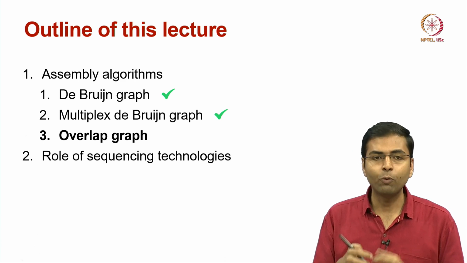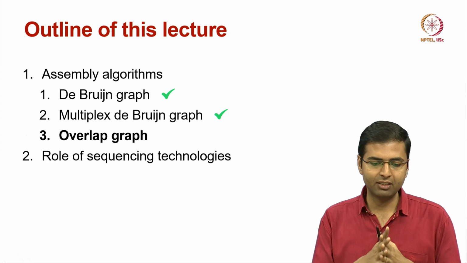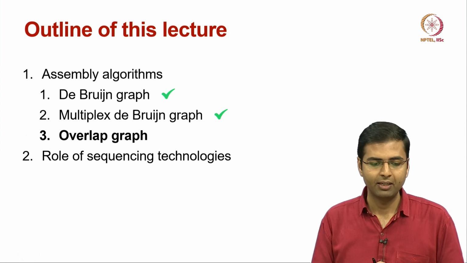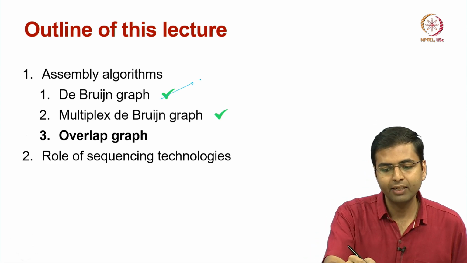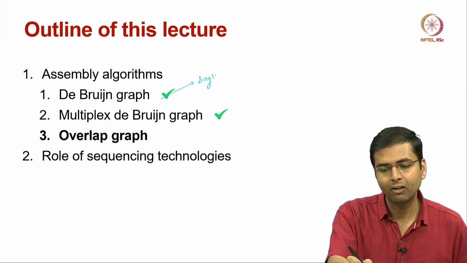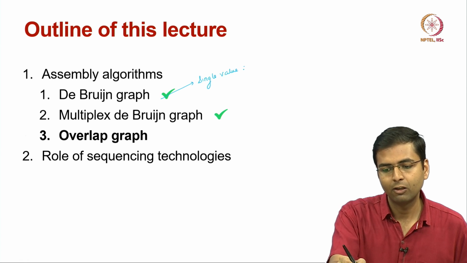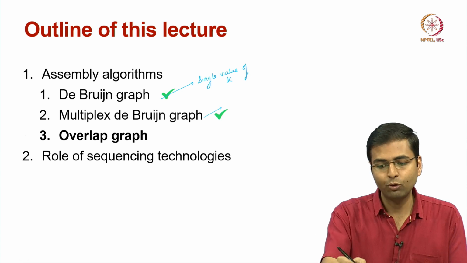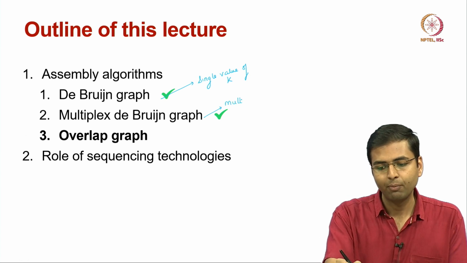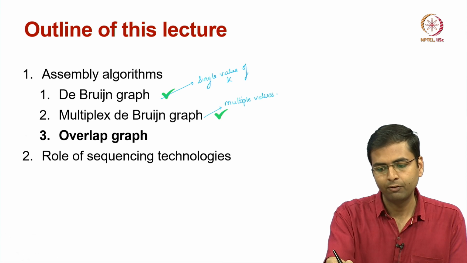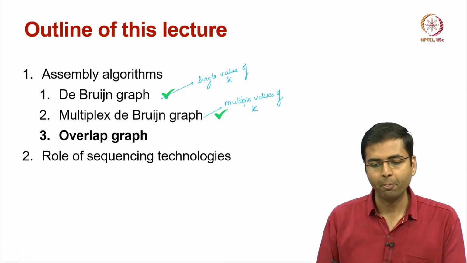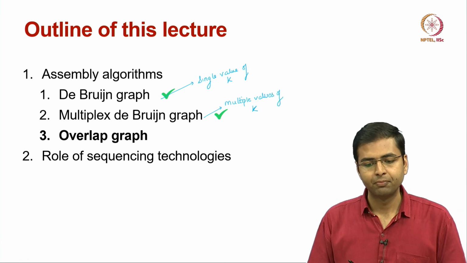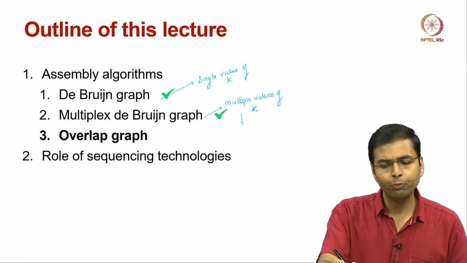So, I hope the idea of multiplex De Bruijn graph is clear now. In De Bruijn graphs you are working with a single value of k, and the key difference in multiplex De Bruijn graph is that you can have multiple values of k. And this idea has been found to be useful in practice.